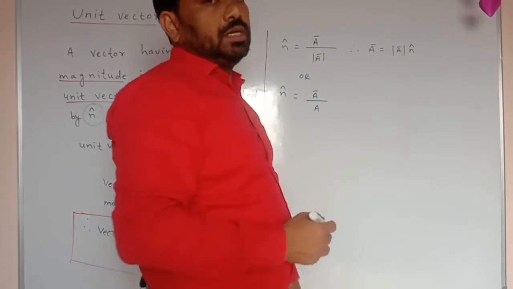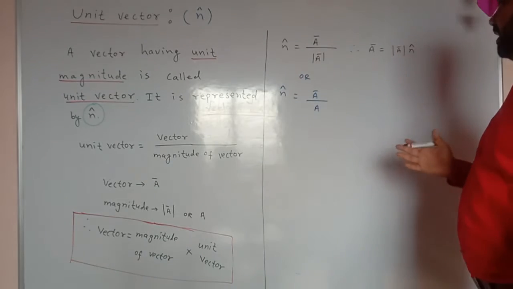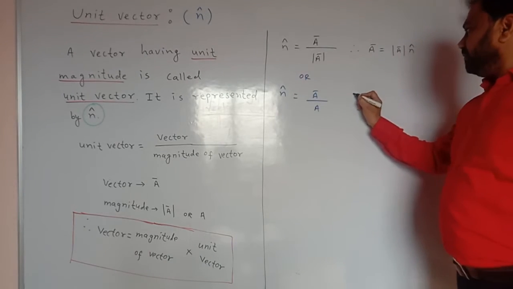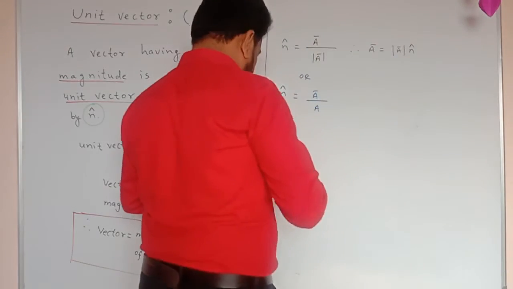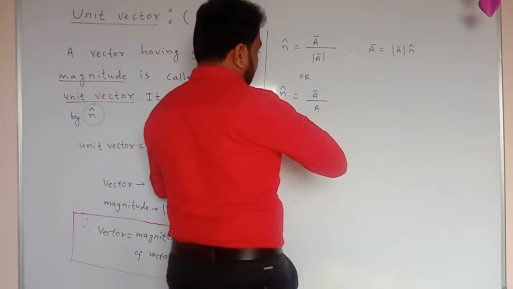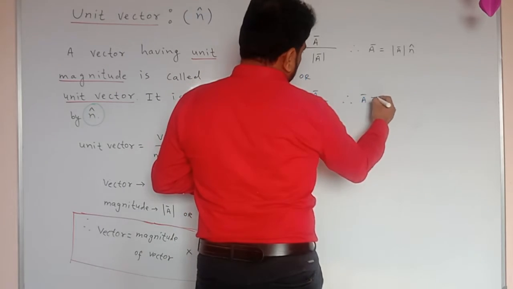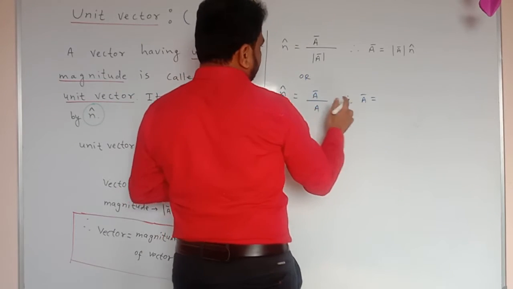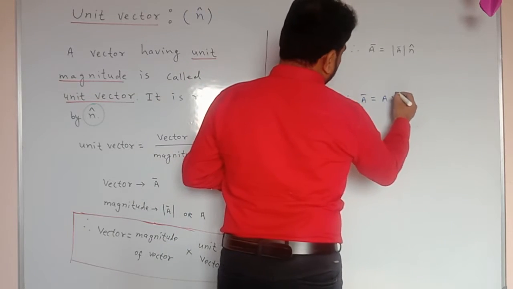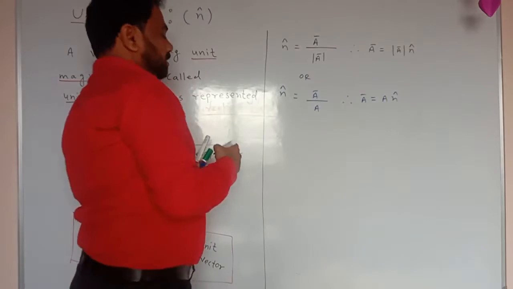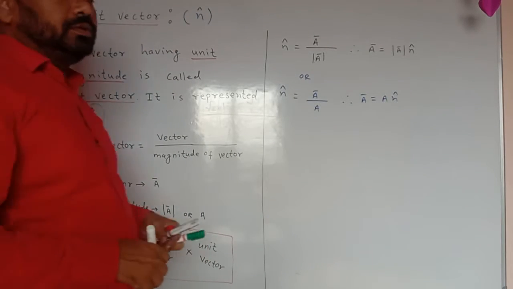This is the method to represent any vector. You can write vector A is equal to the magnitude of vector, that is A, into the unit vector, that is n cap. So these are the methods to write a proper vector. This is about unit vectors.